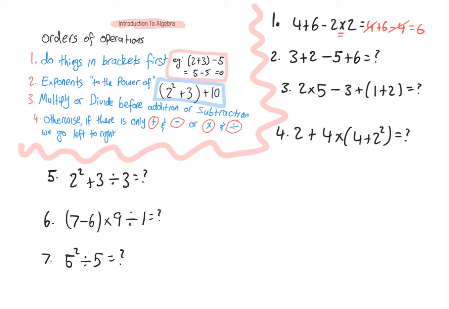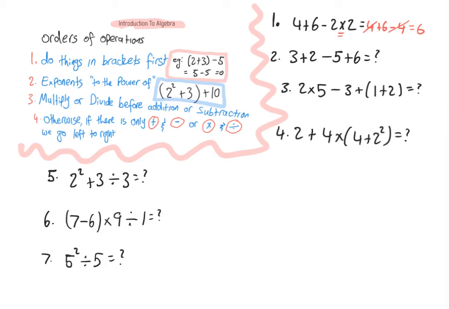Okay, now question 2. 3 plus 2 minus 5 plus 6. Alright, we don't have any brackets, we don't have any to the power ofs, we don't have any multiplication or division, otherwise we just go left to right.